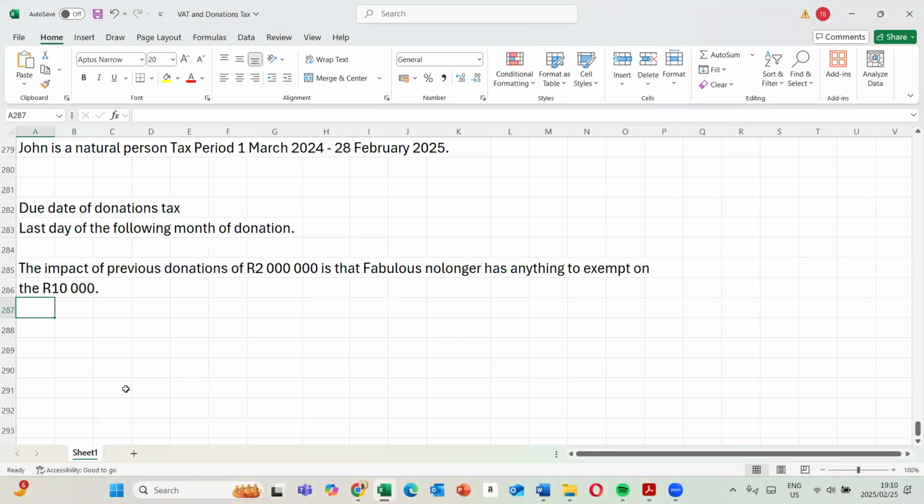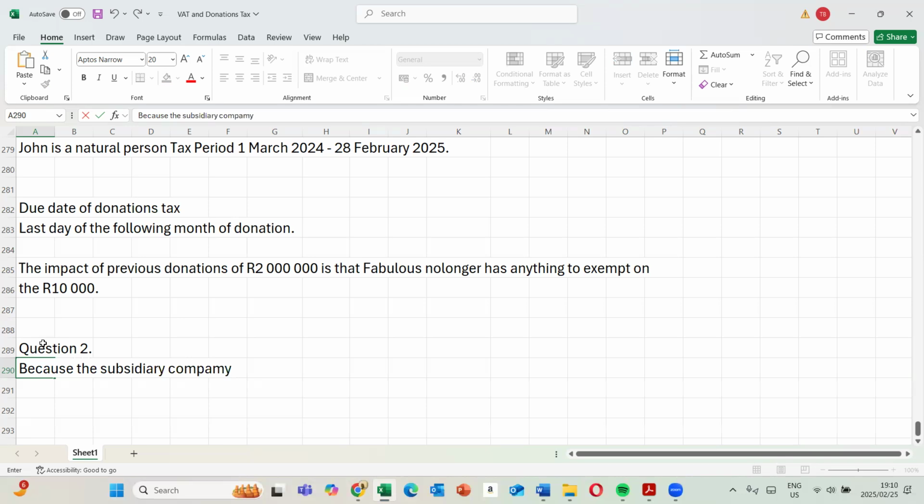So question 2. You can see how sometimes the examiner tries to trick us with regards to tax. Because the subsidiary company, the donee, is a non-resident company, the exemption is not applicable.